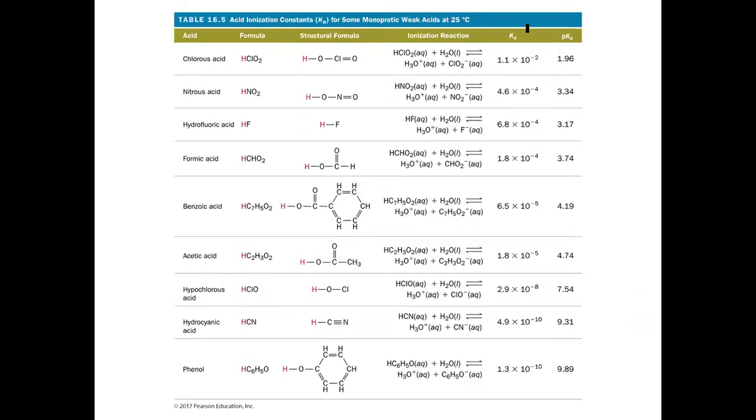This is the column that we're interested in, the one that says the Ka. You see they're organized in order of decreasing values, right? So the higher in the table it is, the larger the value of Ka, and therefore the quote unquote stronger the acid is.